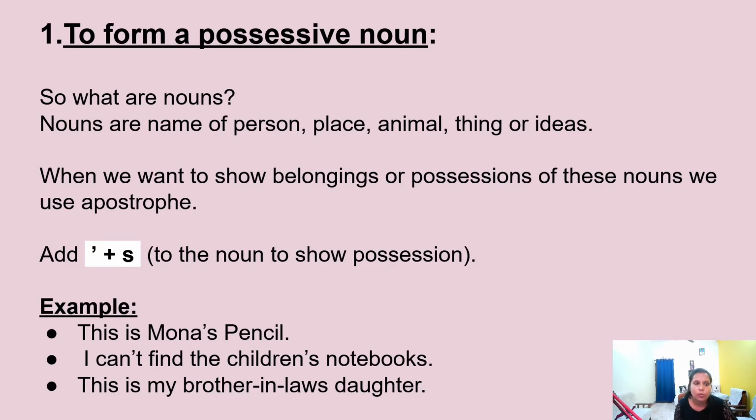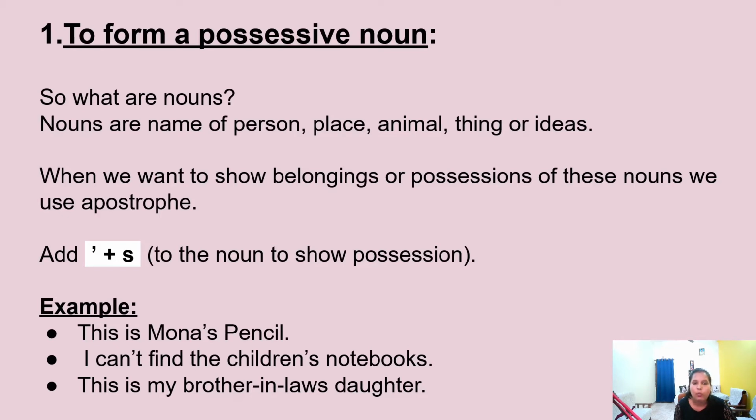So what are nouns? Nouns are names of person, place, animal, or thing or ideas also. So we can say that the word which we use to identify a thing, a person, a place, or an idea, that is known as a noun.